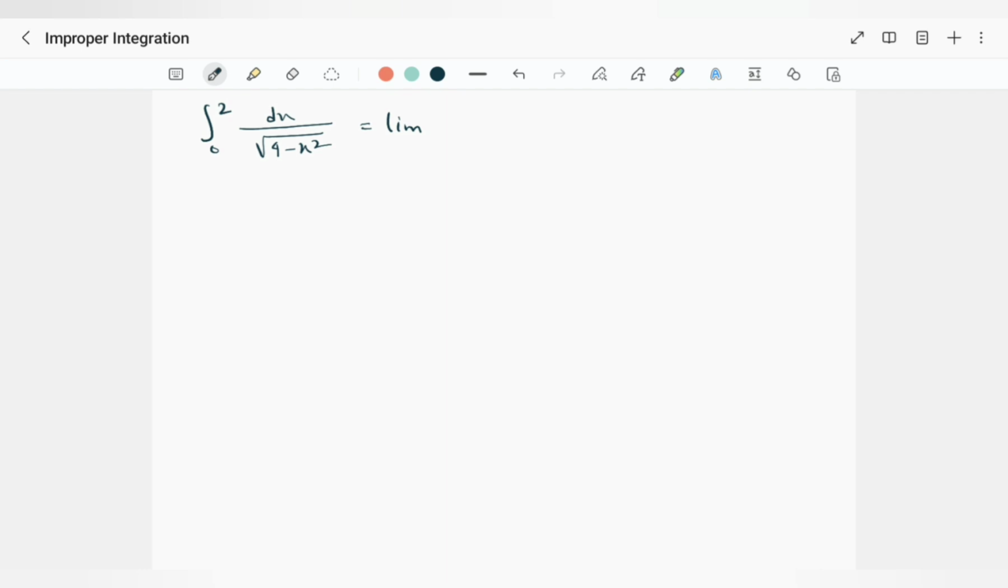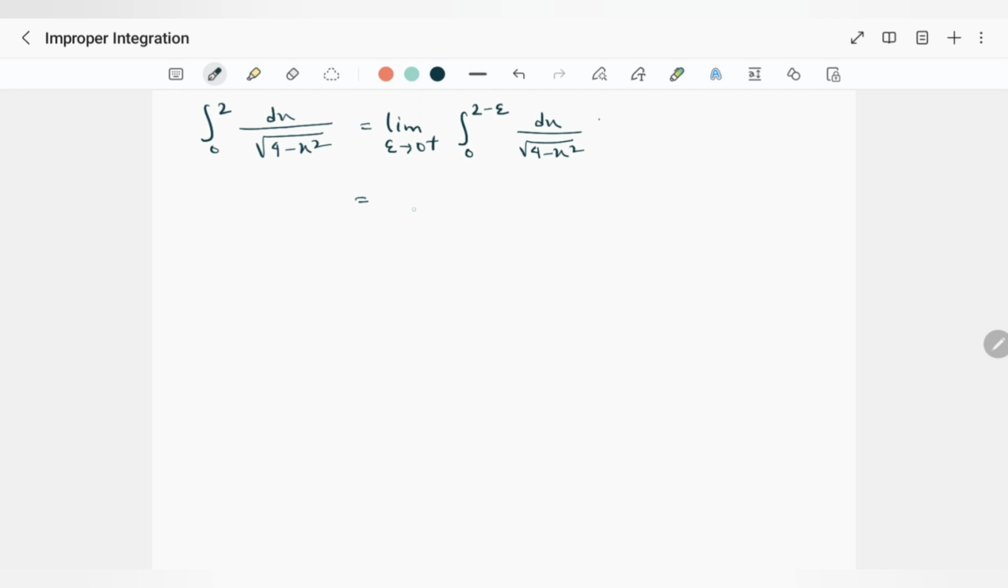Clearly the function is not bounded at x equal to 2, because at x equal to 2 the denominator is 0, so the function will be not bounded. But at x equal to 0 there is no problem, the function is bounded. So here the upper limit is the problem. So I am taking limit epsilon tends to 0 plus integration from 0 to 2 minus epsilon dx by square root of 4 minus x square.